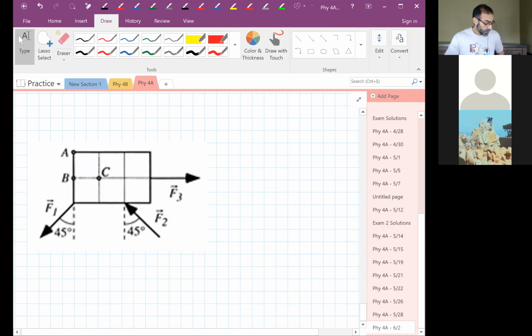Let's find the torque from force F1. We're going to find the net torque about each axis of rotation.